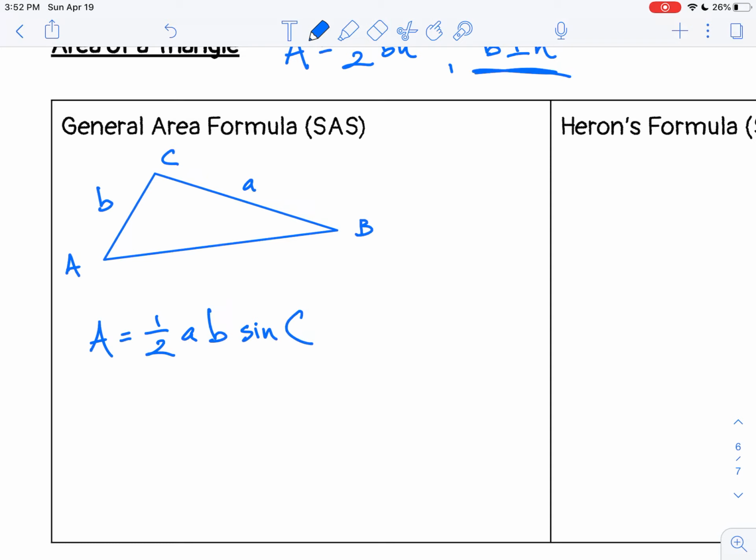Now, just like law of cosines has 3 variations, you can do the same thing with this general area formula. I could take 1/2 b times c and then just do sine A, the third angle.